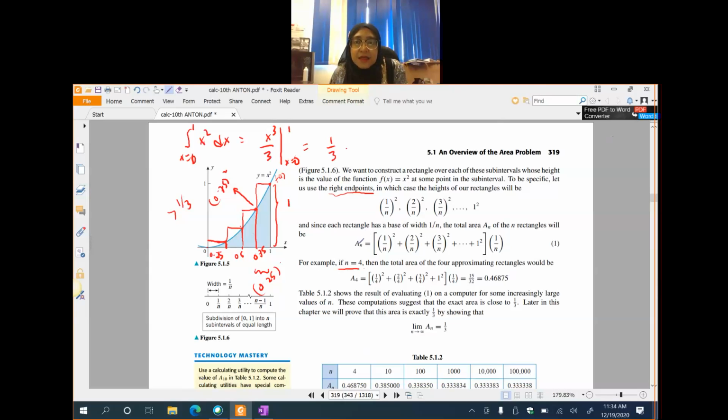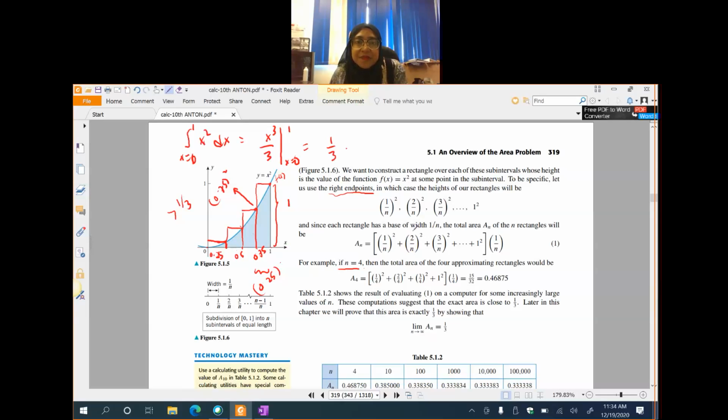Okay, and then here a_n is 1 over n squared. So 1 over n squared, in this case n is equal to 4, so 1 over 4, which is 0.25 squared, is actually representing the height of each of these.